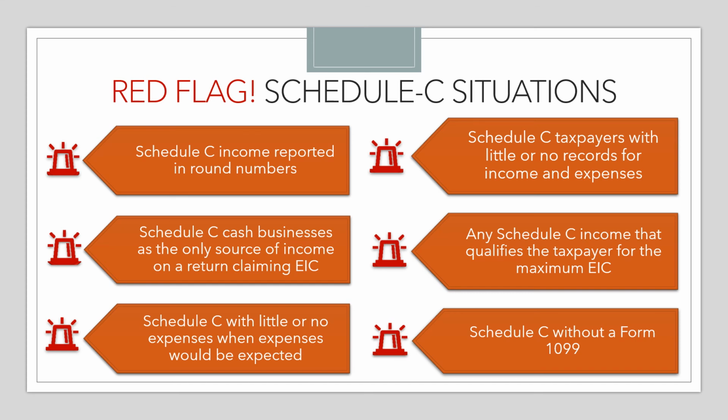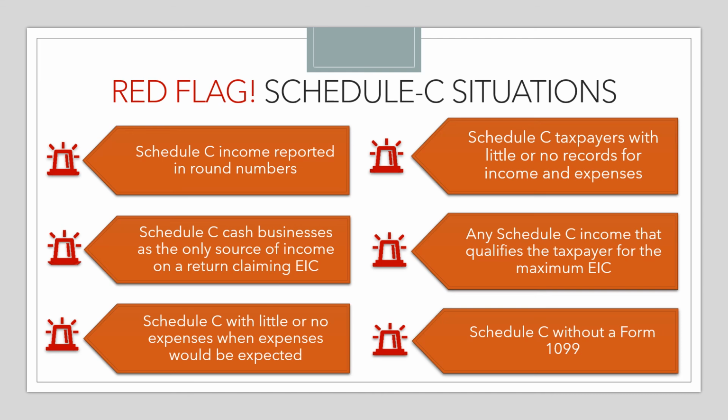And their business is entirely operated in cash, which of course is a little harder to trace than other types of income. If they're getting checks or card payments, there's a little more of a paper trail there. So also a Schedule C with little or no expenses when you would expect to see expenses.